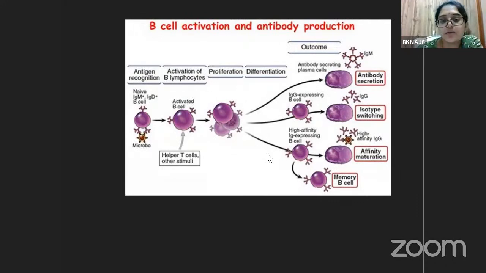They generate primarily IgM or IgD antibodies. They do not give rise to memory cells. For example, the components of the bacterial cell walls, that is the lipopolysaccharides, and the capsule polysaccharide components of Haemophilus influenzae are T independent antigens.